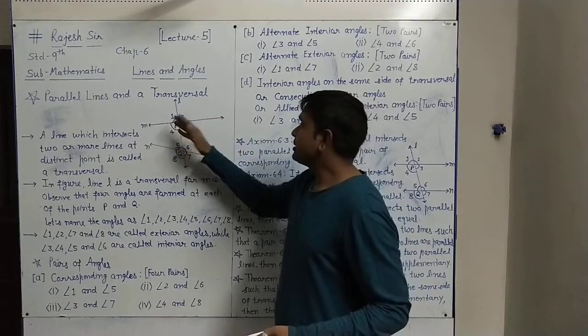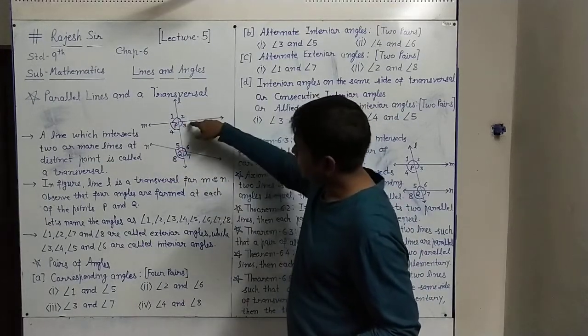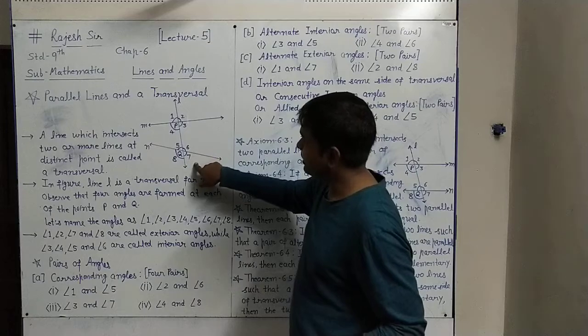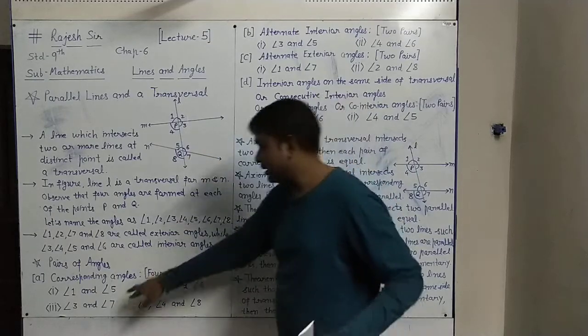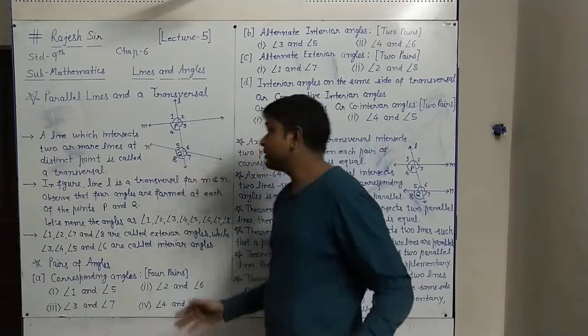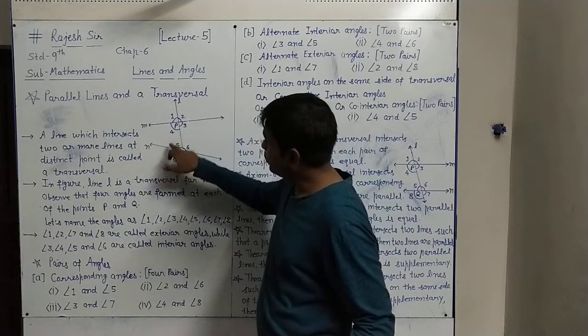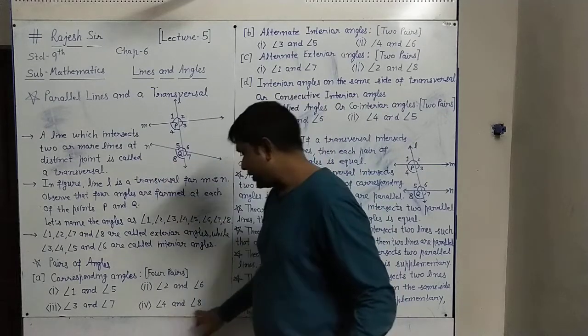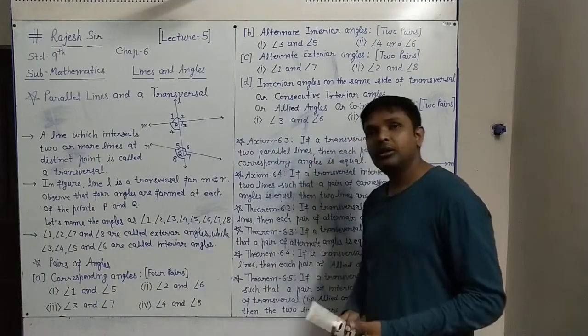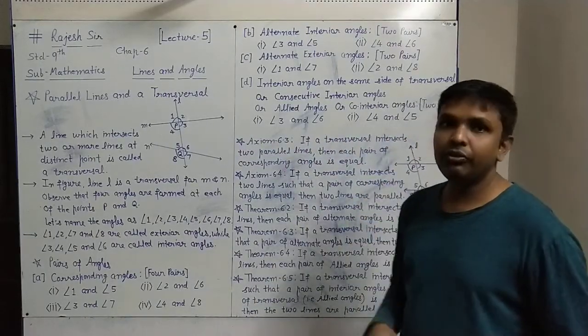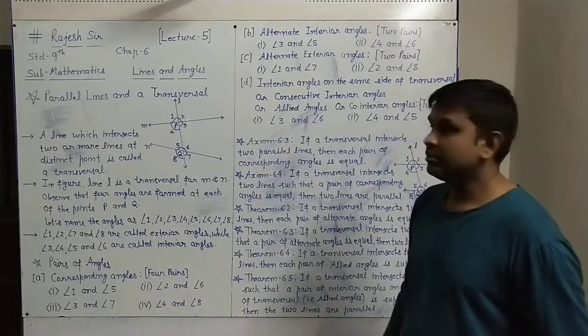Then on the right side of the transversal, downside, angles 3 and 7 are corresponding angles. Similarly, on the downside are angles 4 and 8, so angles 4 and 8 are corresponding angles. So these are the four pairs of corresponding angles we have, right?